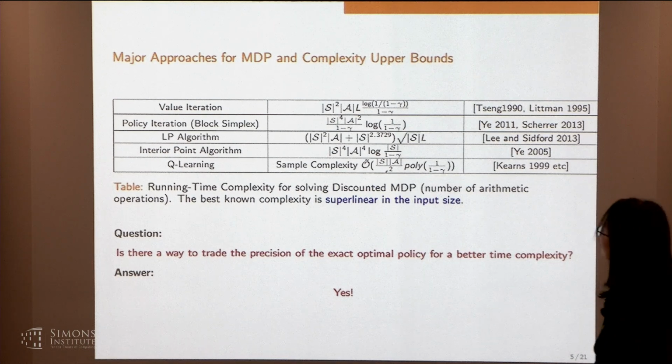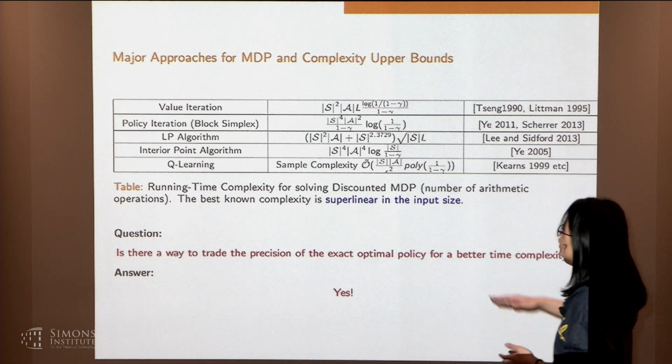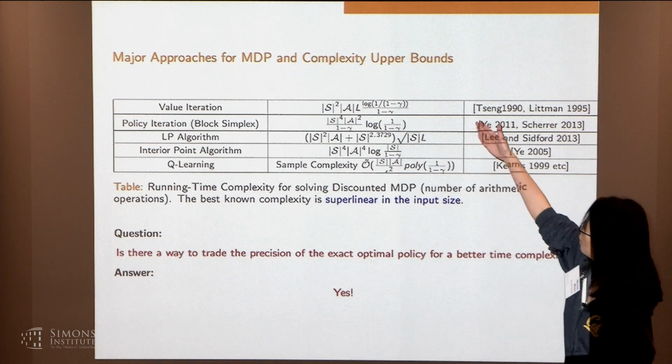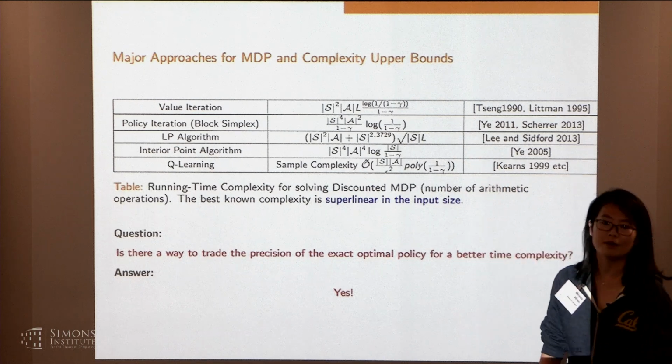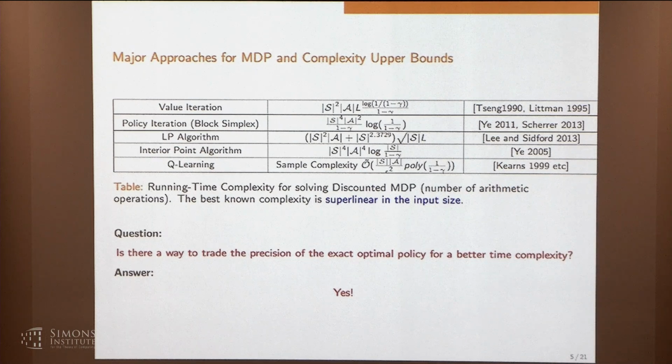If we look at all the deterministic algorithms or even randomized algorithms, including the best algorithm for LP, to solve Bellman equations, we get all these runtime complexities. Here we are measuring the runtime in terms of number of arithmetic operations.